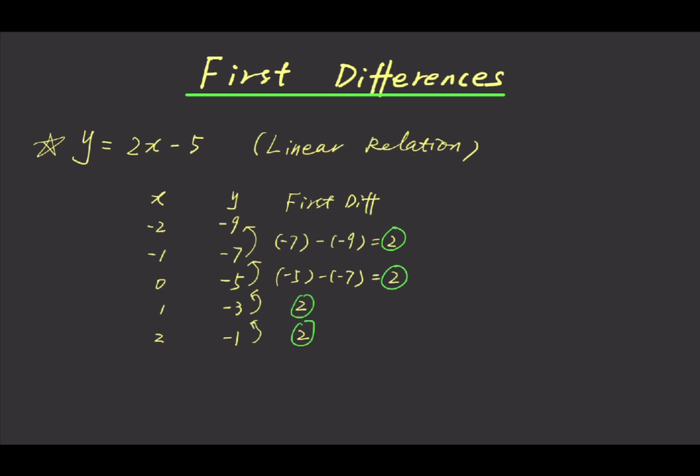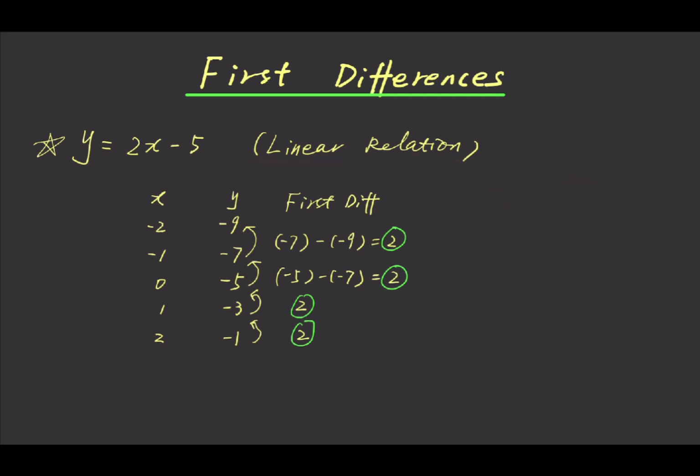Okay, now if we know the first difference is a constant, the same number 2, we can reversely get the conclusion. That is to say, the original relation between x and y must be a linear relation.